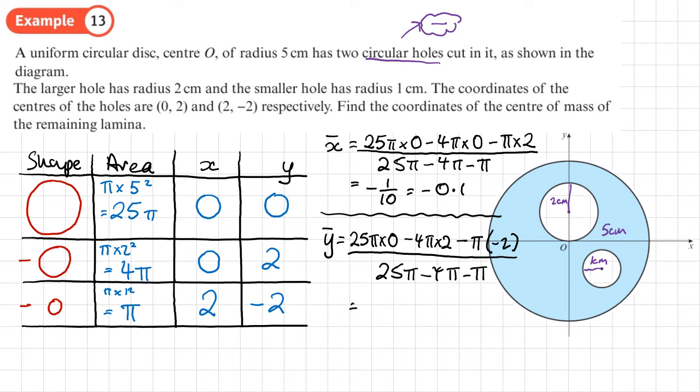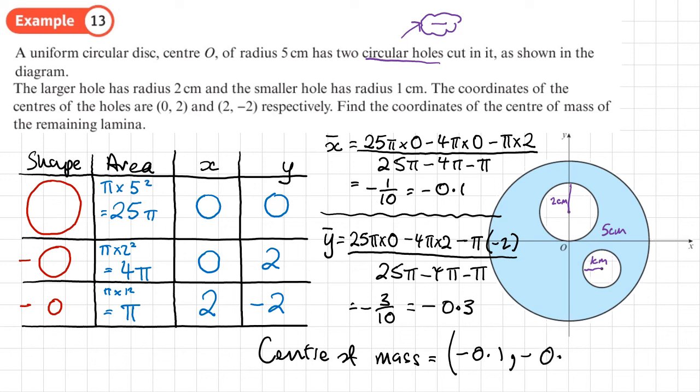That becomes minus 3 over 10, which is negative 0.3. So the coordinates of the center of mass, x bar, y bar, are negative 0.1, negative 0.3.